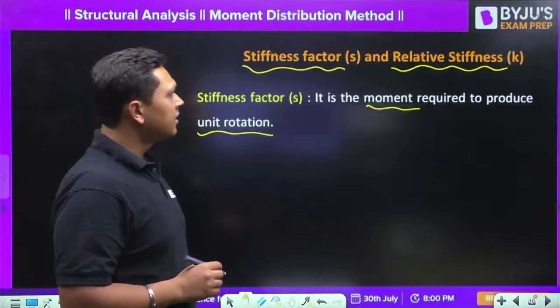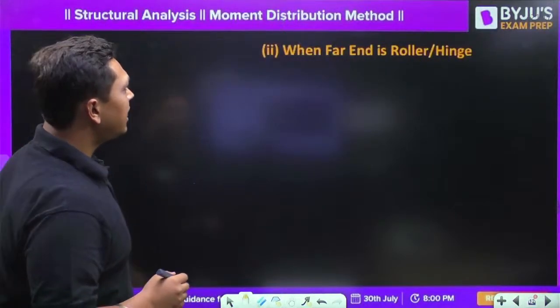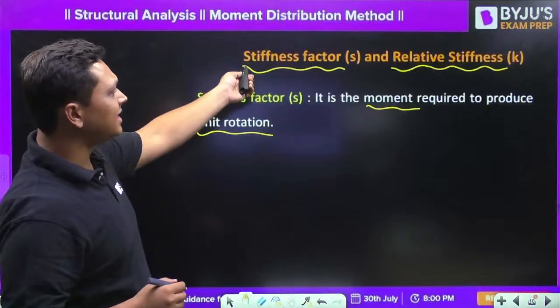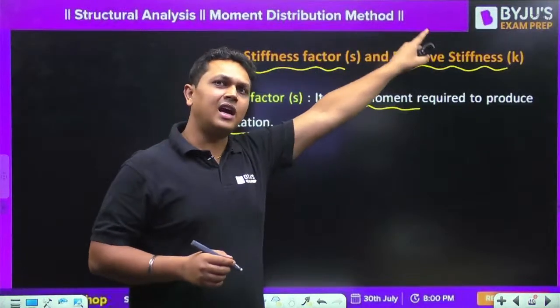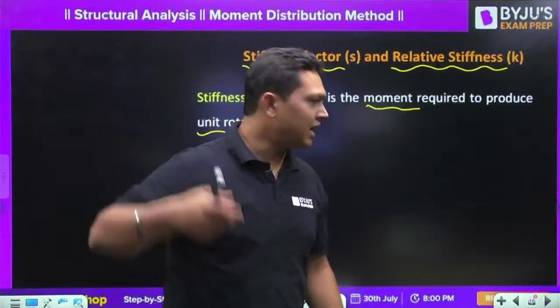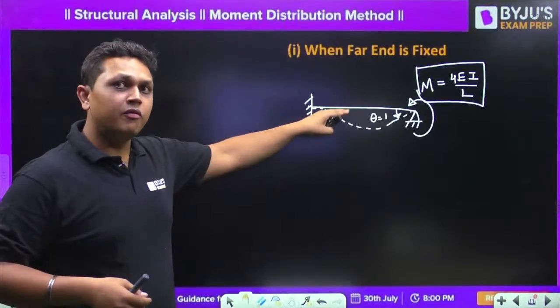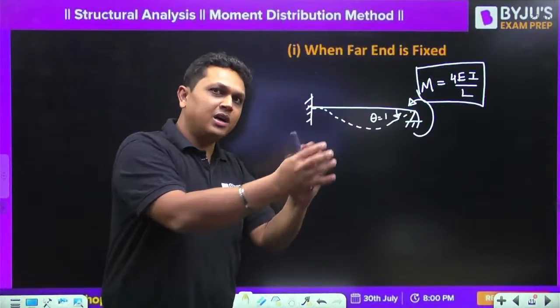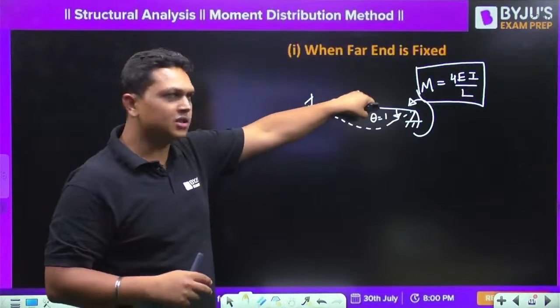Next is the relative stiffness. Relative stiffness is something which is with respect to something else. The base with respect to which the relative stiffness is calculated is this case.